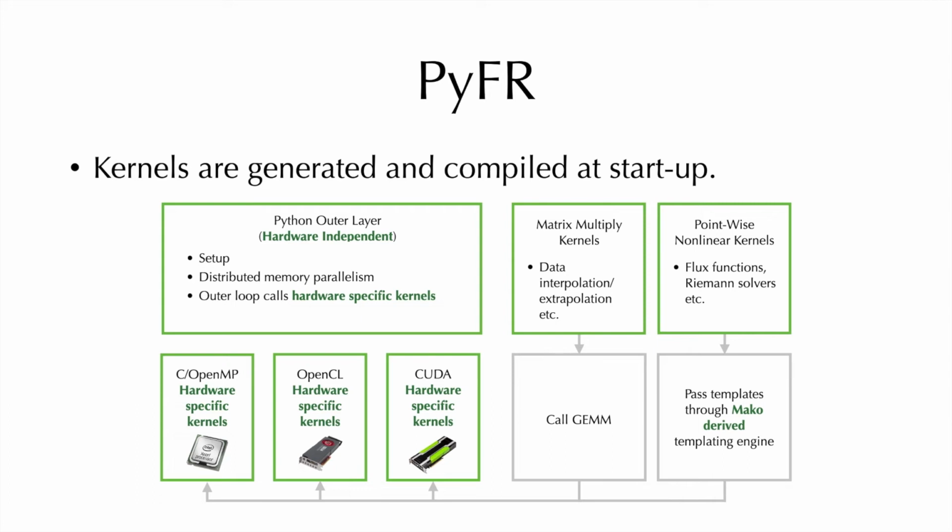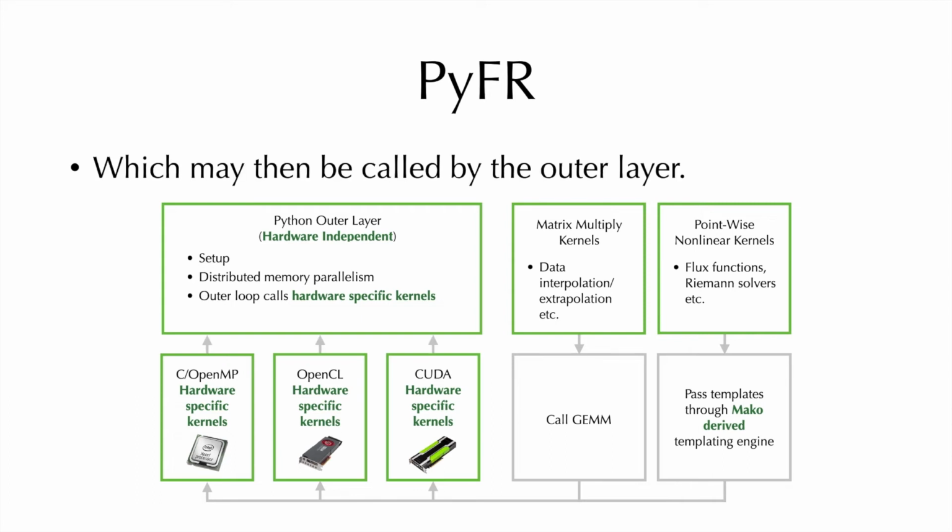These kernels are generated and compiled at runtime, which enables PyFR to take advantage of any specific parts of the simulation, so using information that's available at runtime to make informed choices about how to do this translation. We then generate these kernels, compile them at runtime, and finally have them called by the Python outer layer.